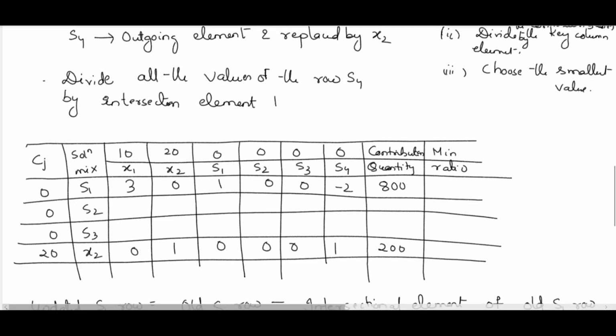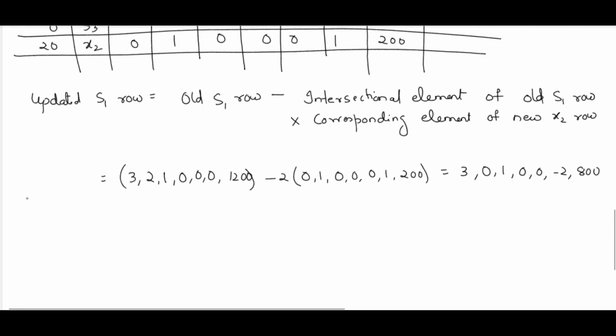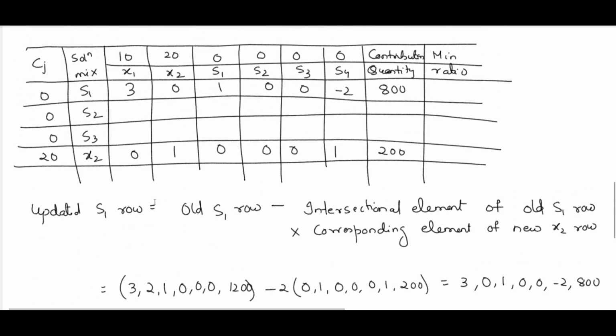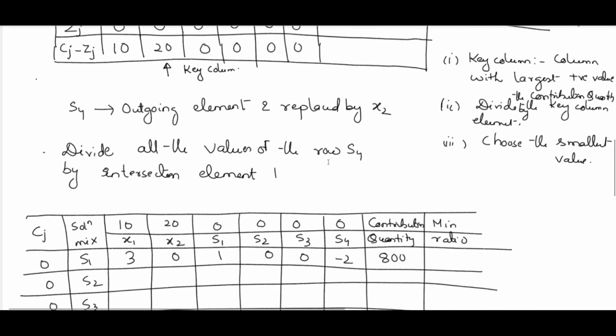Similarly, now we will compute the updated S2 row. These things you need not write; it is for your understanding only. It is equal to the old values of your S2, which are 2, 6, 0, 1, 0, 0, 1500.